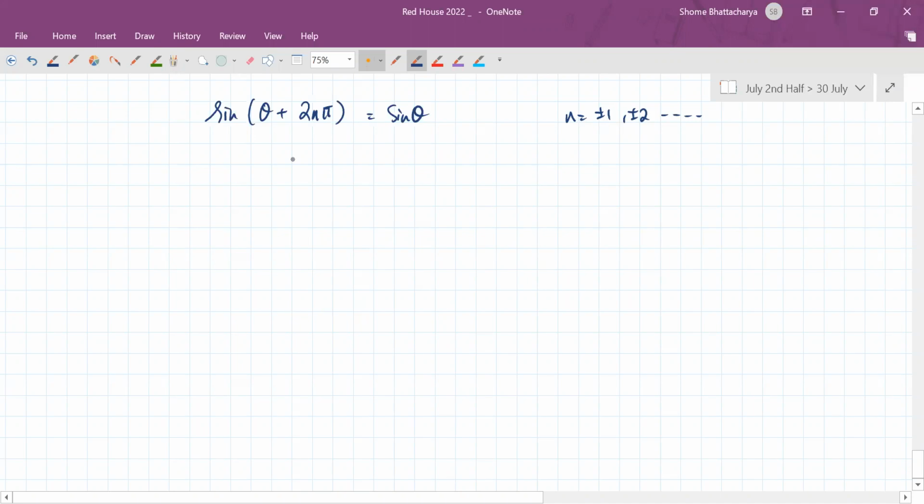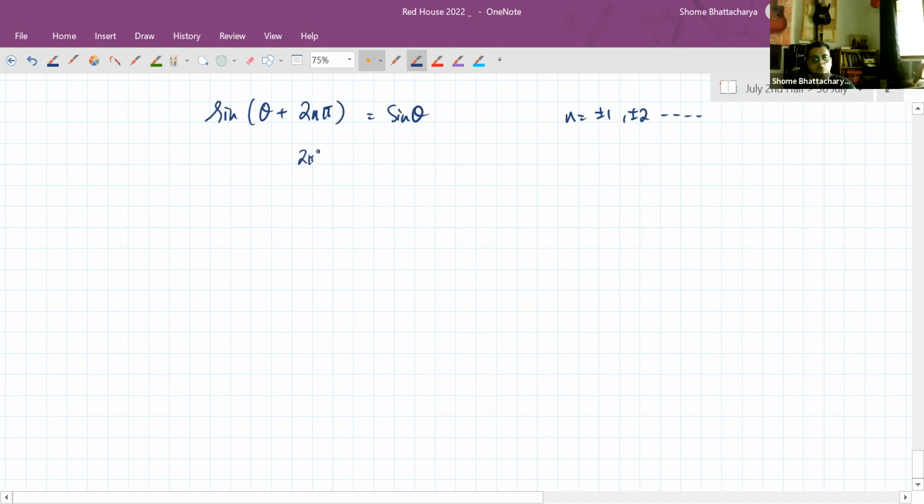So we say that 2 pi is the fundamental period of sine theta. So it is the smallest interval in which the graph repeats itself for sine theta.